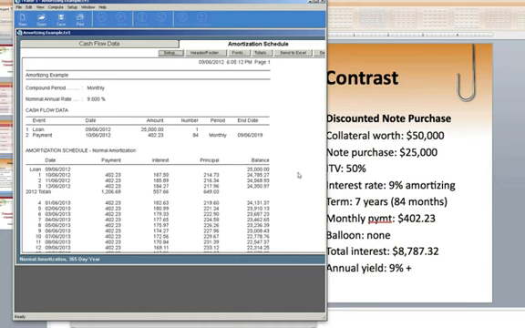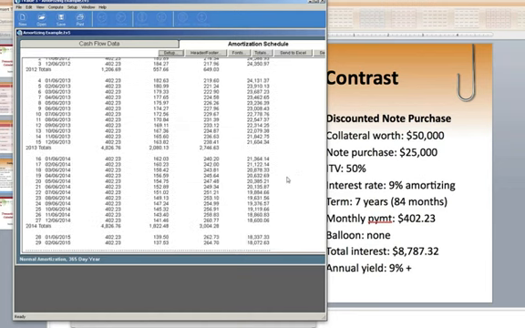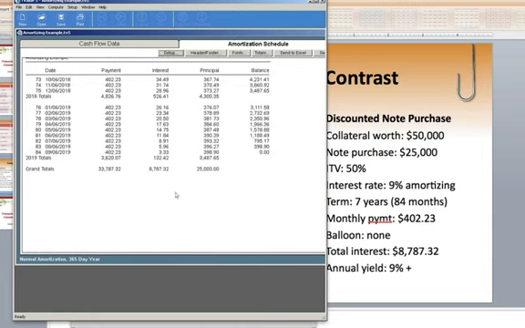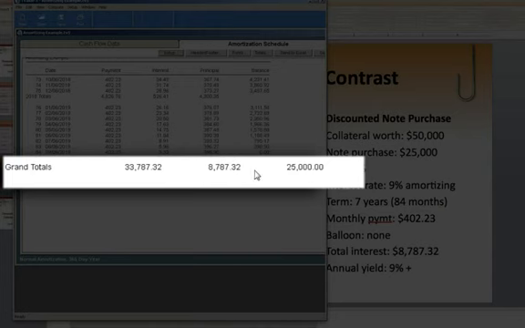As we go through year 1, year 2, year 3, 4, 5, 6, 7, what we find is at the bottom we got back our principal, 25,000 that we had in, plus over that 7 years we made 8,787 in interest over that same time.